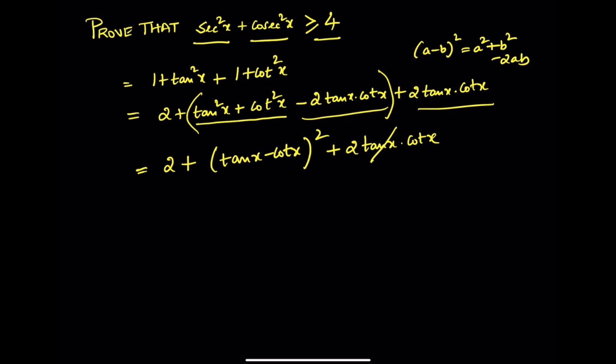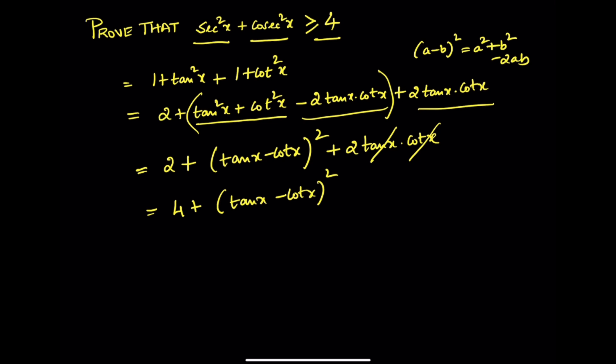So this will be a cancelled situation here because tan x into cot x is 1 because they cancel out each other. So we will have 4 plus tan x minus cot x the whole square.